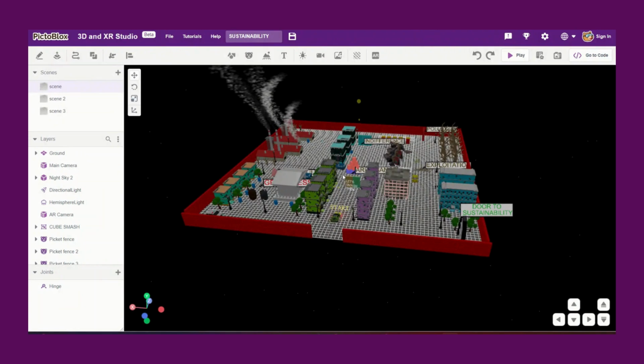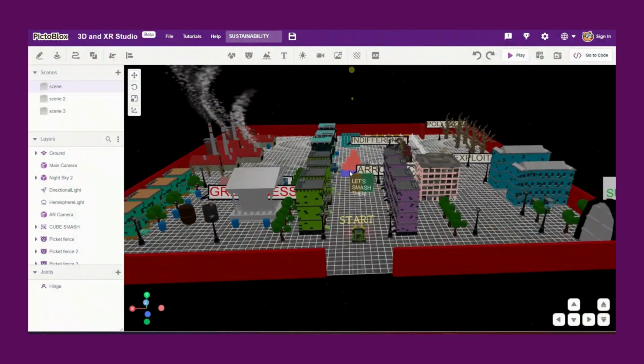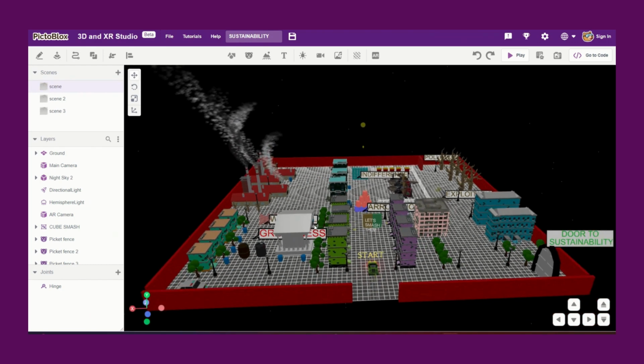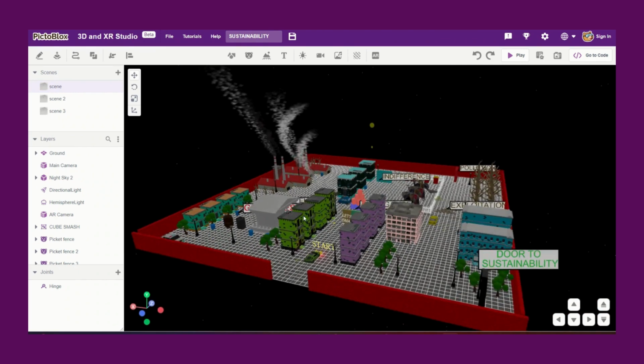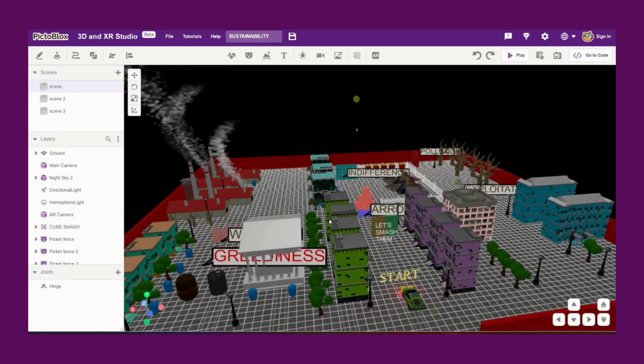So let us understand why this first scene is made like that. It is actually a metaphor confronting negative human attributes, such as greediness, indifference, and arrogance.